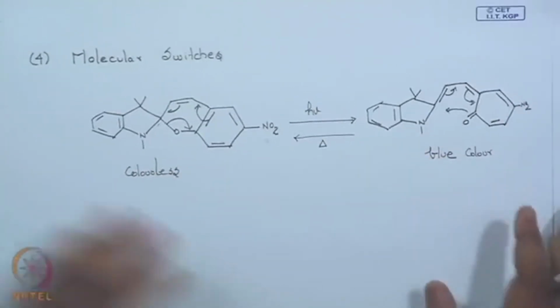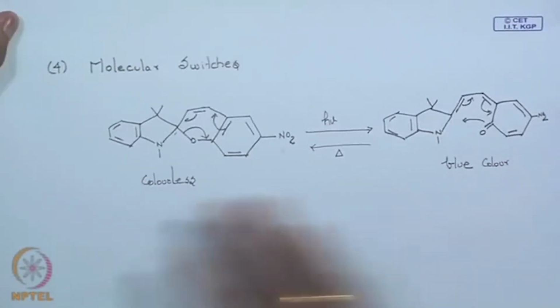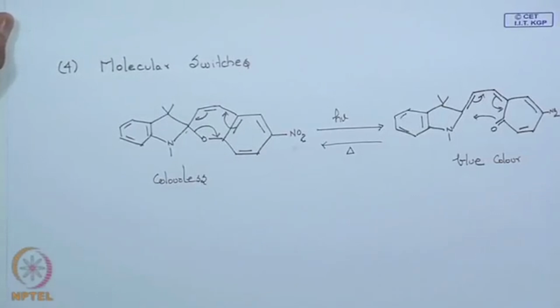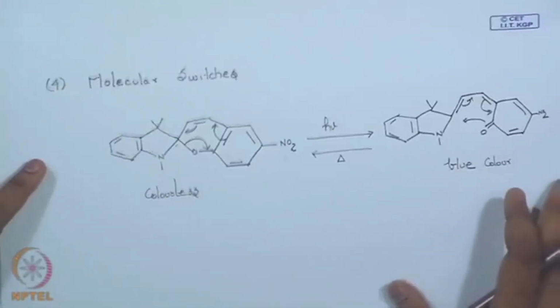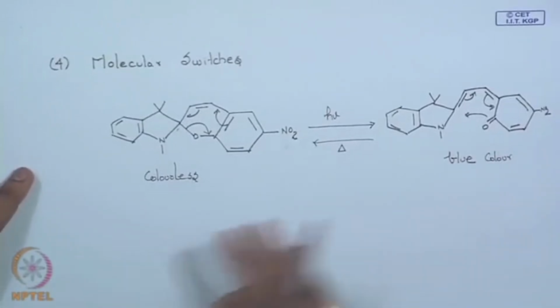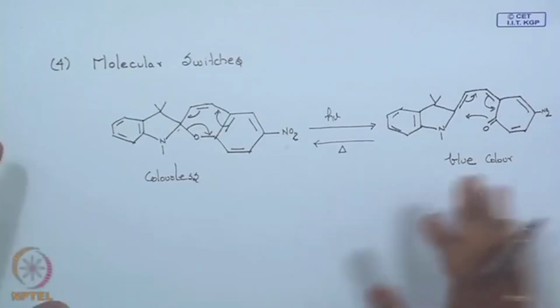These are called molecular switches, and using this, people can attach it to many biological systems; there are many biological studies you can do with these molecules. You can attach them for tagging with proteins. People are doing molecular switches in many fields. They have very interesting properties, and they are coming out nicely.